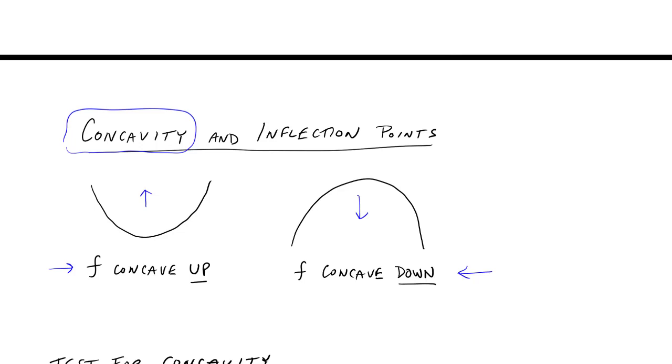So we do want to link this back up to derivatives though. So let's take a look at something. In this first picture, the concave up one, notice that if I look at tangent lines, I'm going to draw in some tangent lines here.